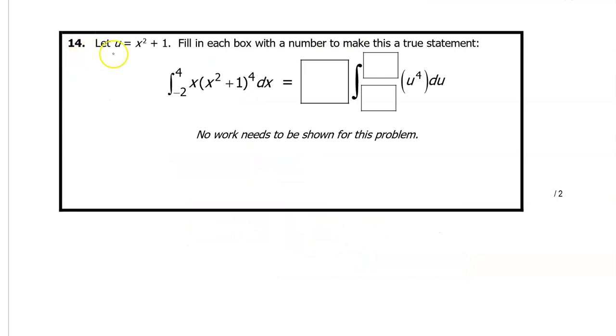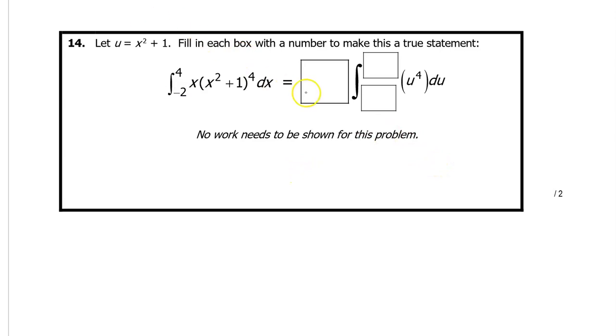Last one, number 14. Let u equal x squared plus 1. Fill in each box with a number to make this a true statement. When we do U-substitution on a definite integral, one strategy is to take away the limits of integration, perform the integration like an indefinite integral, and after the U-substitution is over and we have the x's back, bring back the limits of integration and finish the problem.